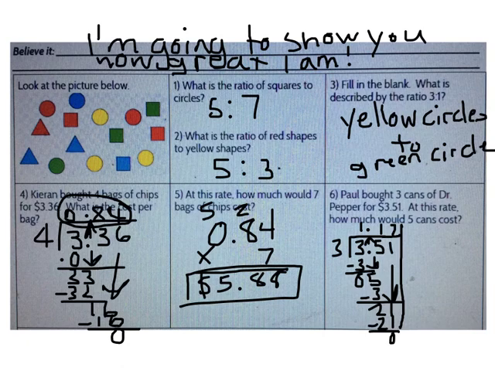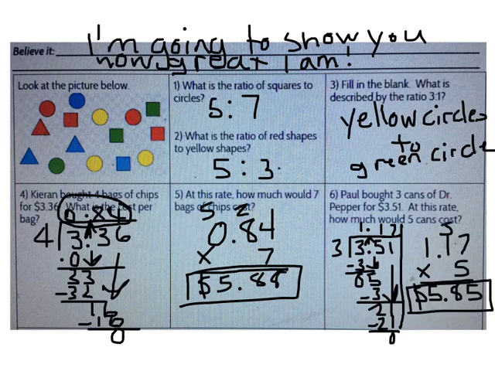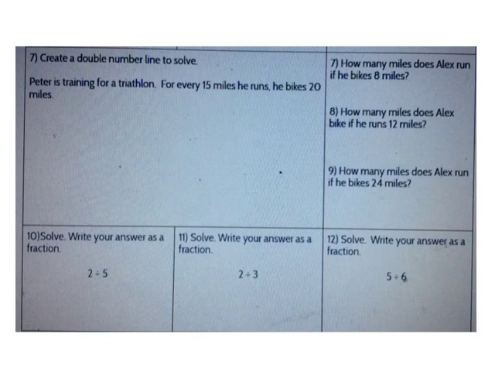Each can costs $1.17. At this rate, how much would 5 cans cost? Go ahead and multiply $1.17 times 5 to find the cost of 5 cans. 5 cans would cost $5.85.